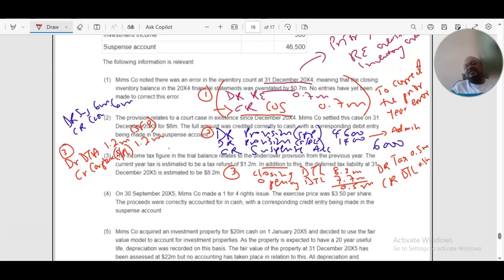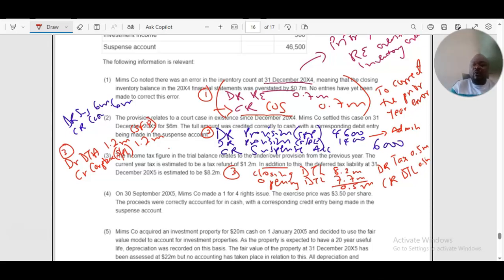The tax being debited here is an expense which affects the statement of profit or loss. The DTL affects the statement of financial position. So we are dealing with each item step by step, and you can see that this is something that is very, very easy. Are we together, ladies and gentlemen?